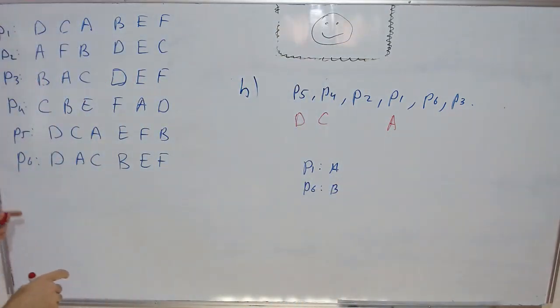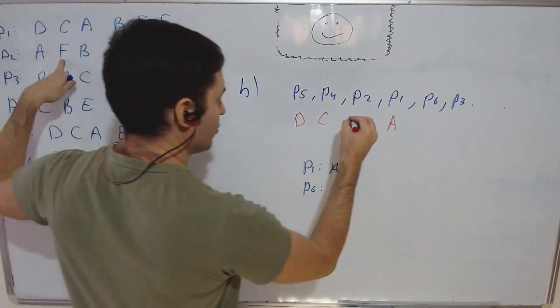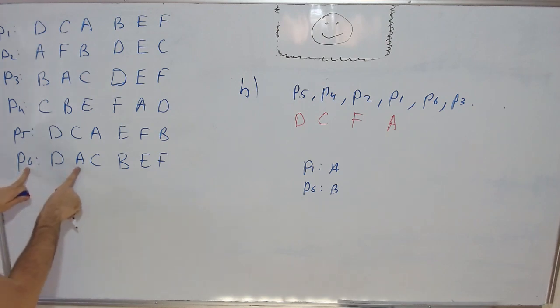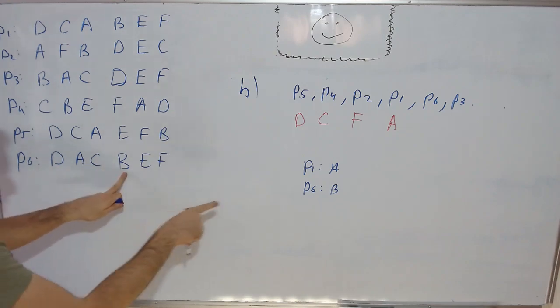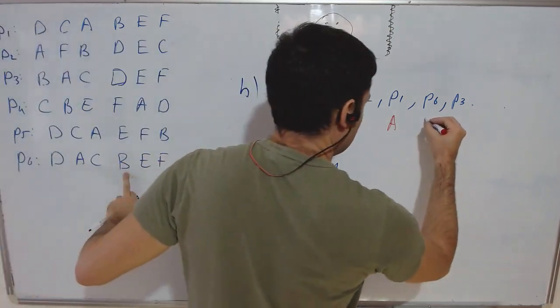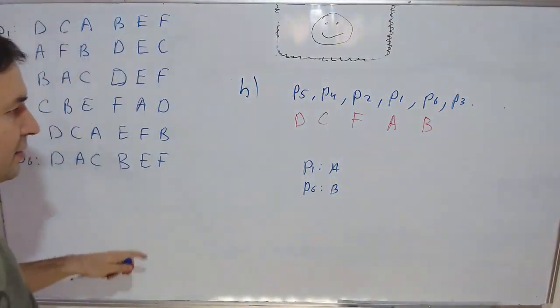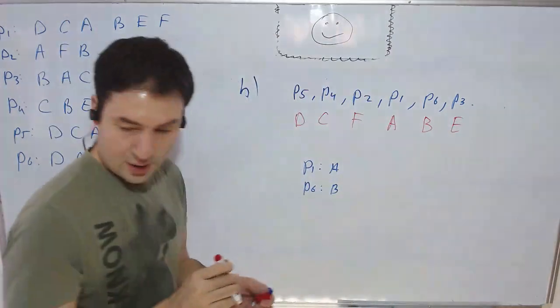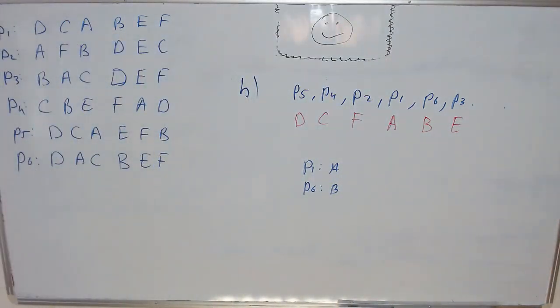Now P2 goes. P2 asks for A, which is taken, so he would be going to F. P6 next. P6 wants D, taken, C, taken, A, taken, B is free. And that's actually his house. So he just stays in house B, and then P3 goes and ends up in house E. So let me check the answer. Okay.